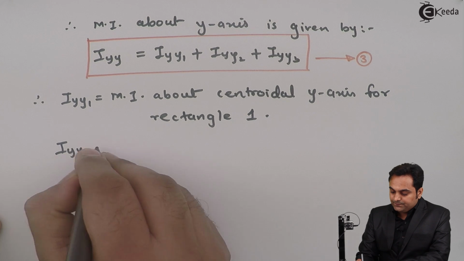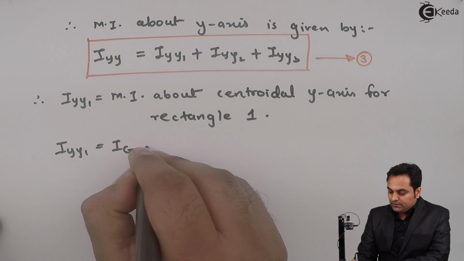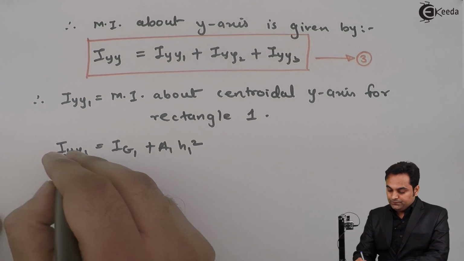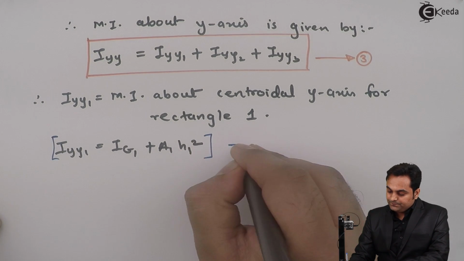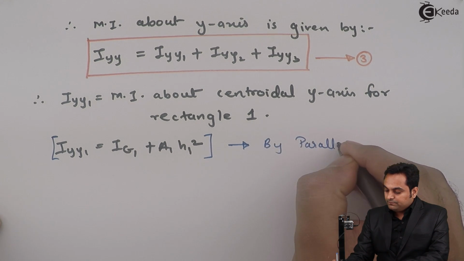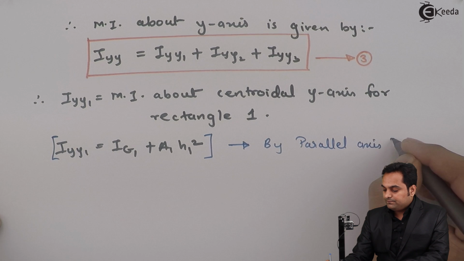Iyy1 is Ig1 plus area 1 into h1 square. This is by the parallel axis theorem.